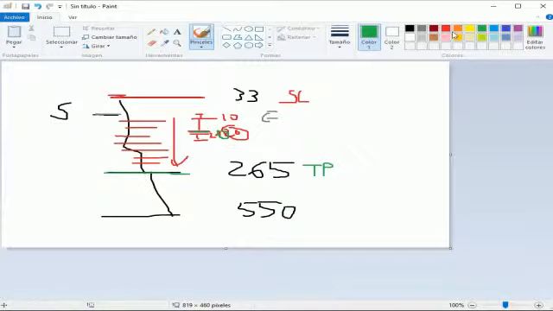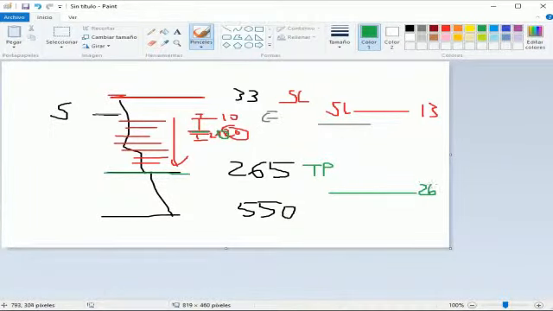I put like a stop loss. I'm going to draw it again. This is the entry point, and then it moves into earnings. This is the stop loss, right? And I'm going to draw it one more time. This is the original trade. This is the entry point. This is the stop loss, which is now at 13 points. And the take profit is 265.